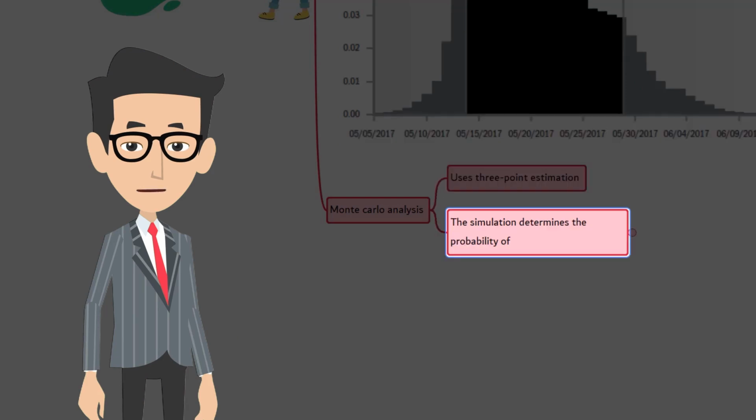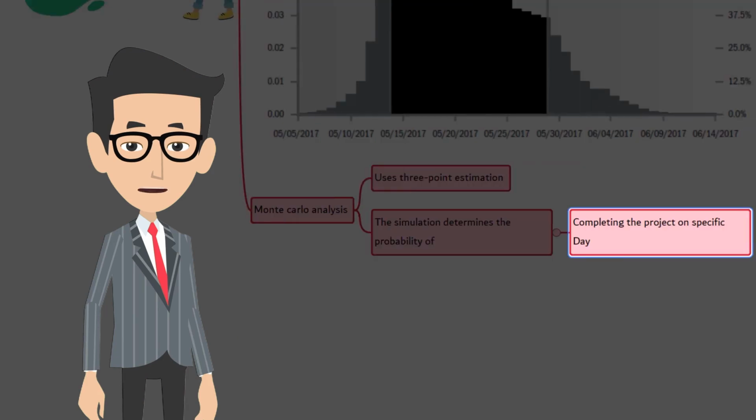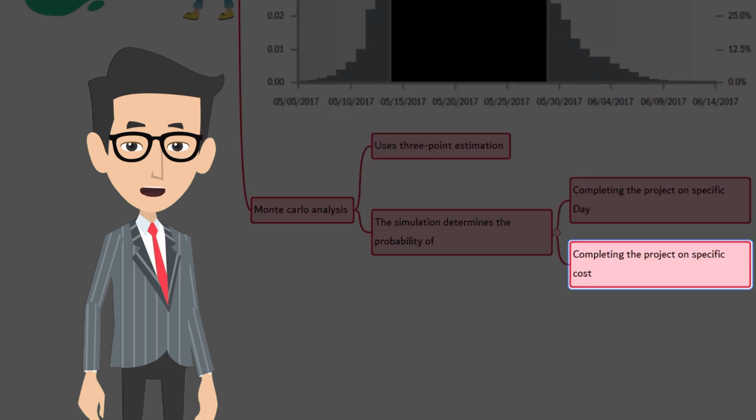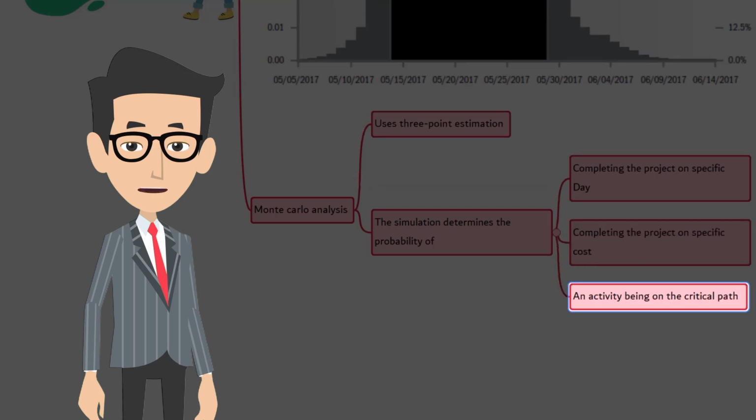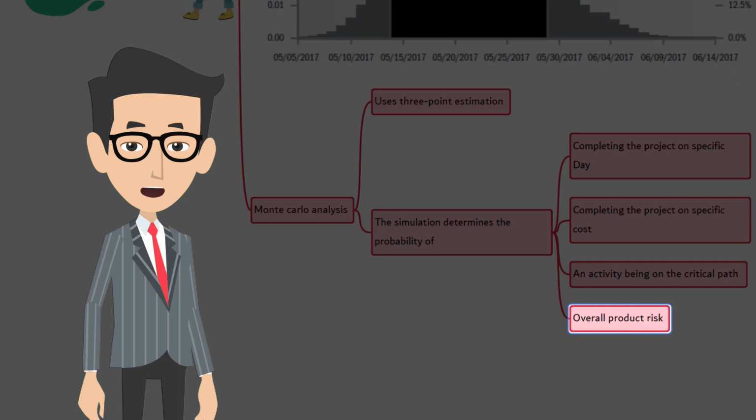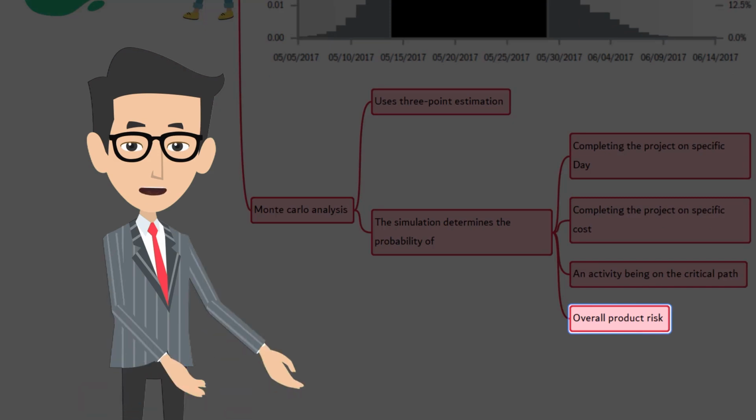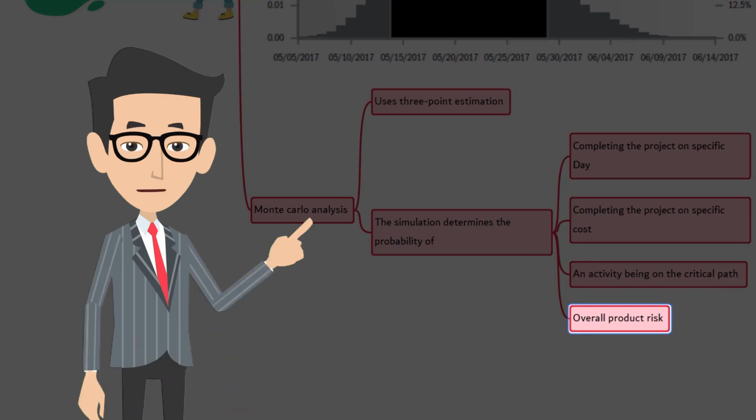The simulation can tell you the probability of completing the project on specific day, the probability of completing the project at specific cost, the probability of any activity being on the critical path, and also an indication of overall project risk. As mentioned earlier, to do Monte Carlo analysis, you need computer and the experts because they are quite complex analysis.